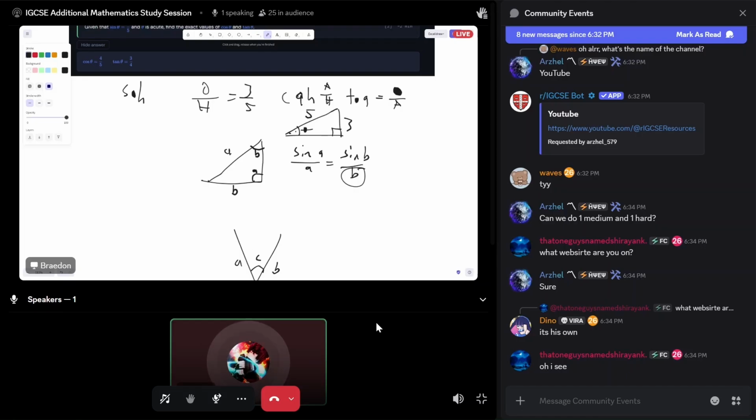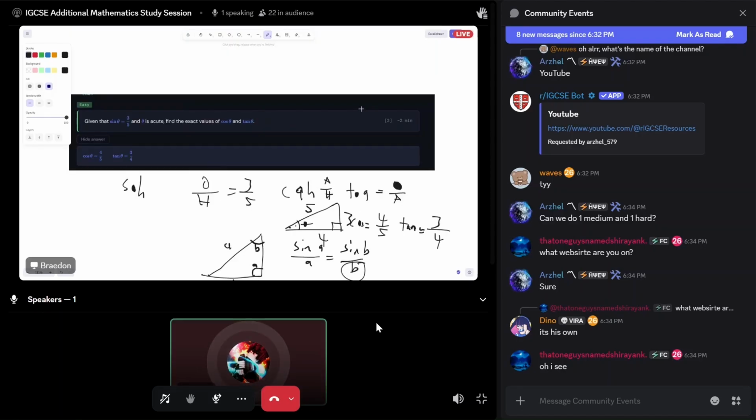Because remember, this is always a right angle triangle. So quick math, it's 4. So adjacent is 4. So cos is 4/5. Then tan is opposite over adjacent, which is 3/4, which are the answers here.